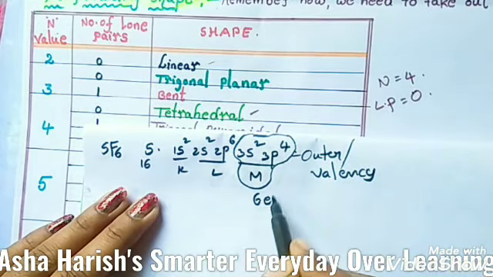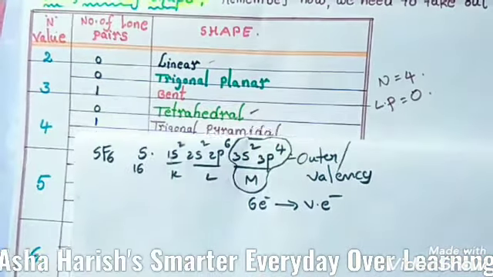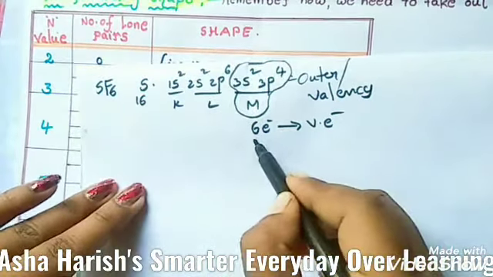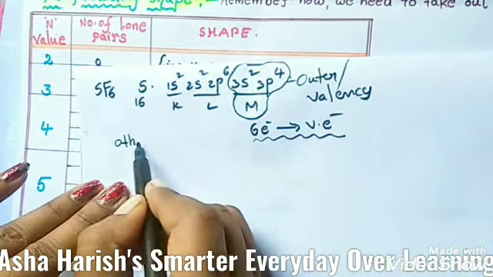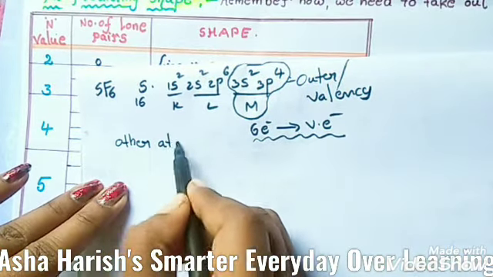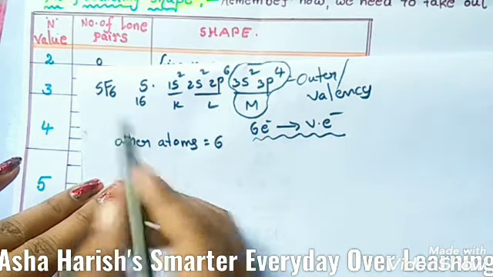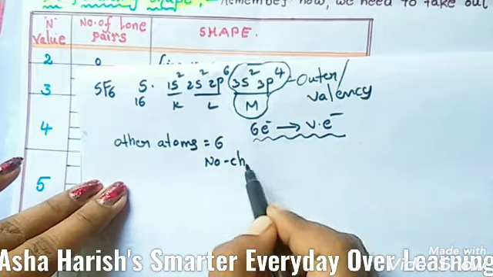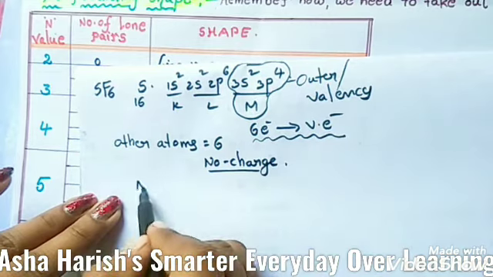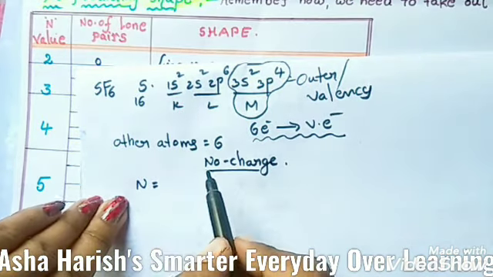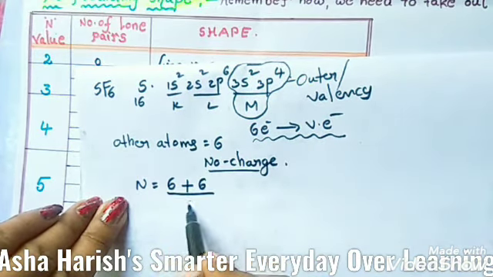So here there are 6 electrons, the valency electrons. Now you need to identify the other atoms: 6 fluorine atoms are there. There is no charge, so you simply ignore ions. Now, how to find the n value: the number of valency electrons plus other atoms, simply divided by 2.